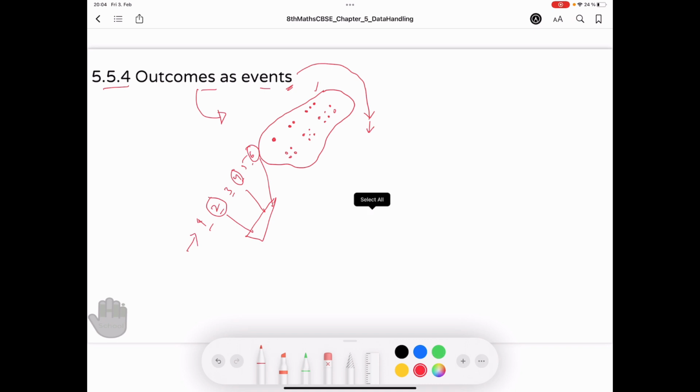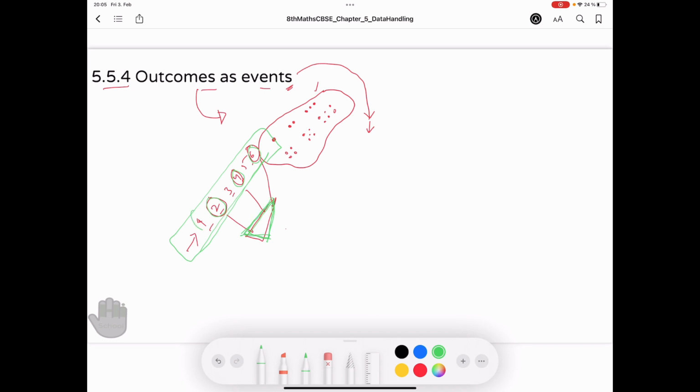So that's an event. The outcomes were 1 to 6, and the event is getting an even number. These three numbers have been grouped, and getting an even number is an event.